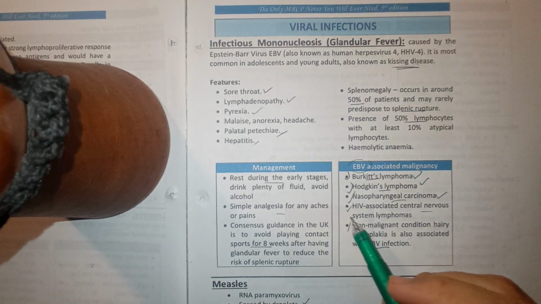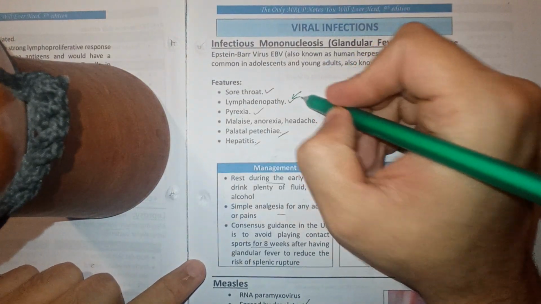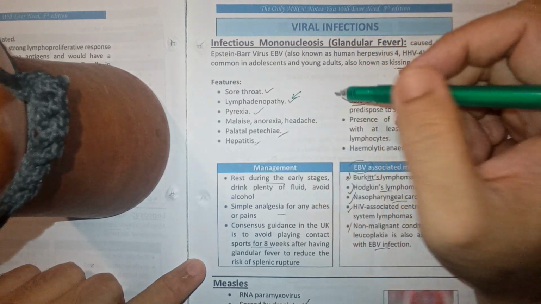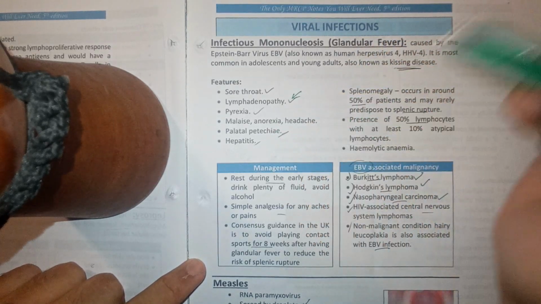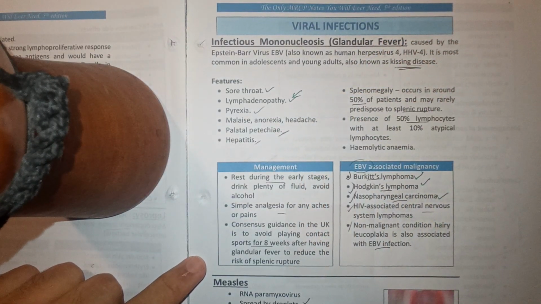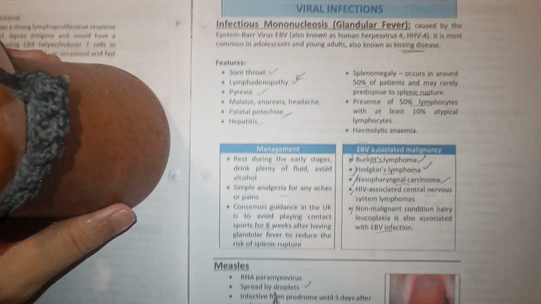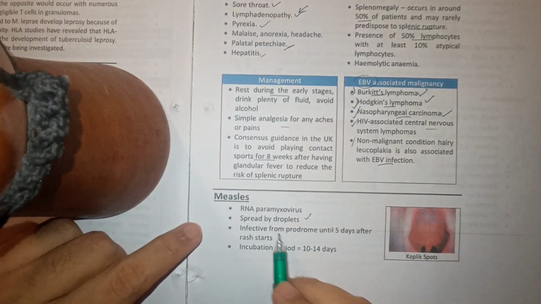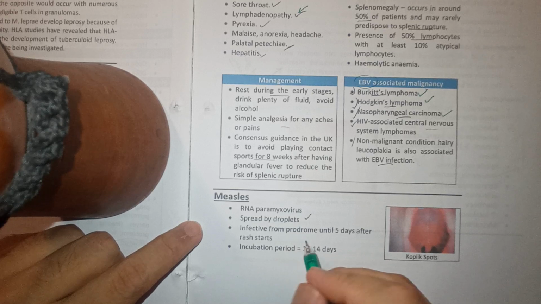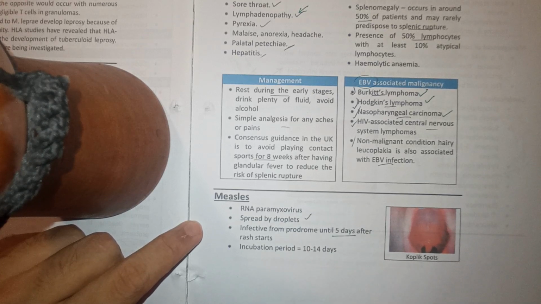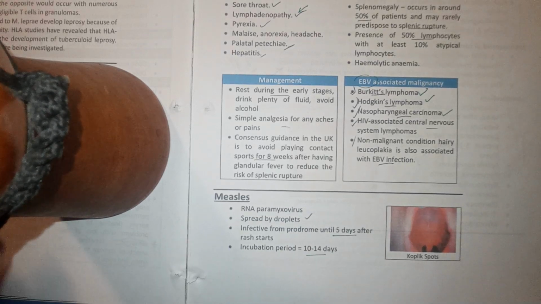So you see sore throat, lymphadenopathy, fever and headache, petechiae, hepatitis. For measles, it's an RNA paramyxovirus spread by droplets, infective from prodrome until 5 days after rash starts. Incubation period 10 to 14 days.